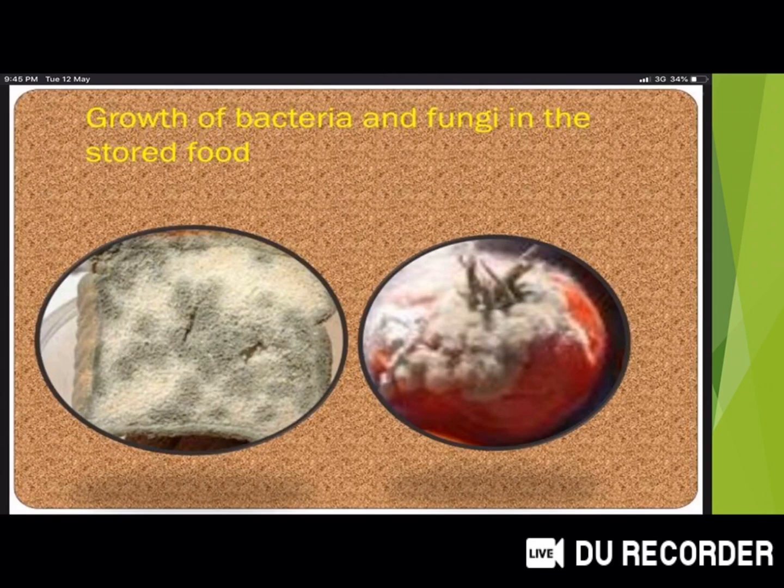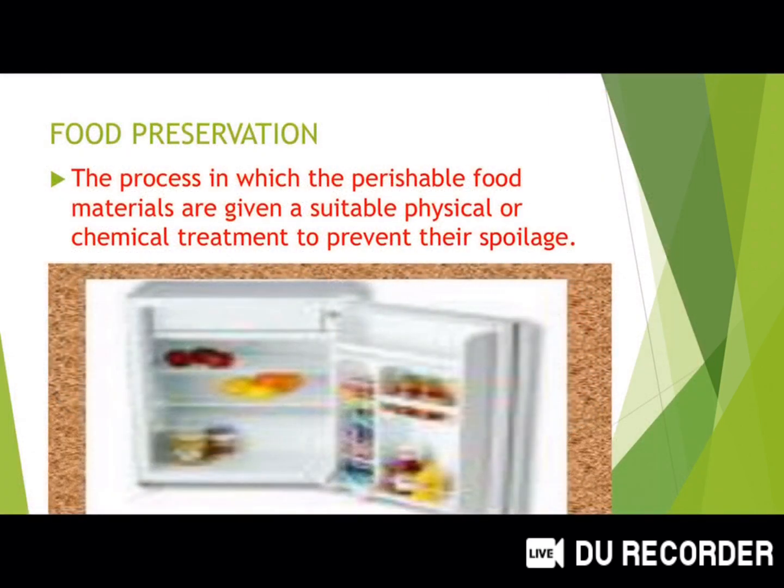How does food get spoiled? You can see in this picture the fungus, white and black colored fungi on the bread and on the tomato, how they grow and our food gets spoiled. Dear children, what is food preservation?